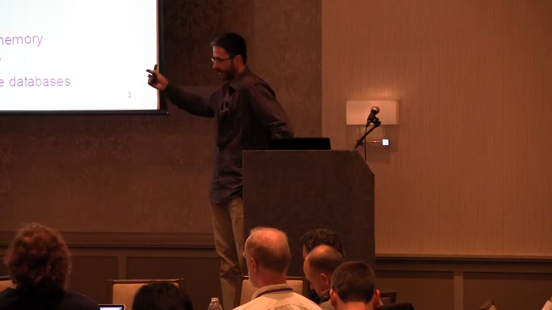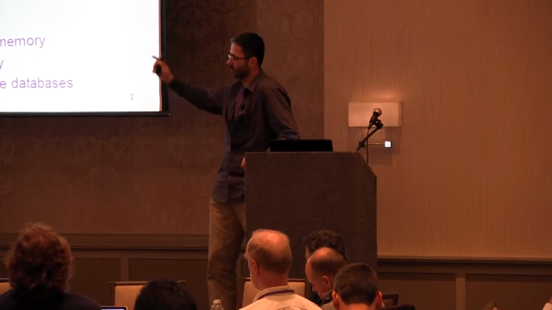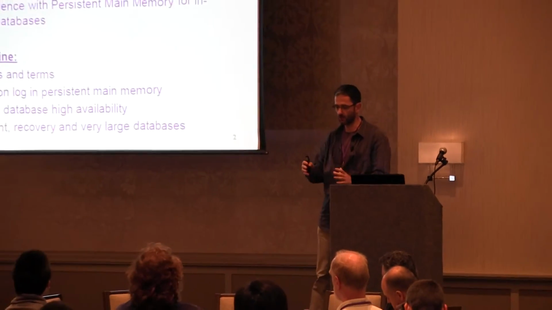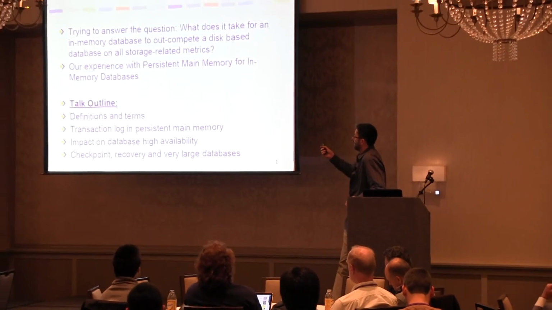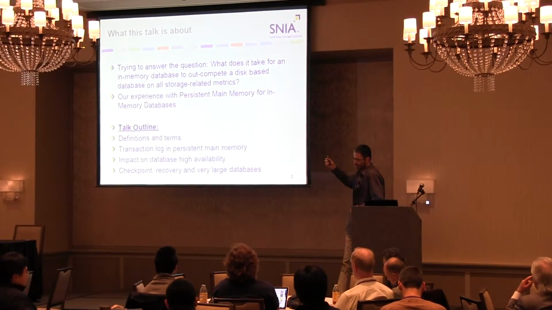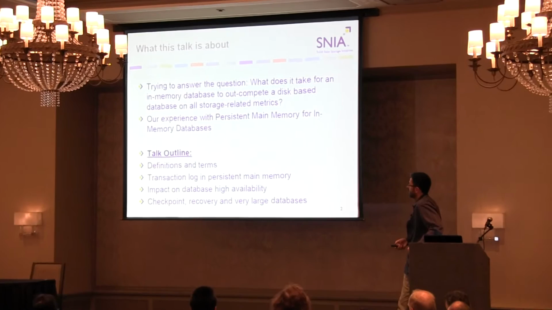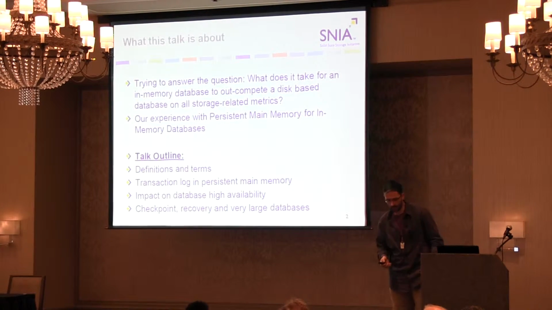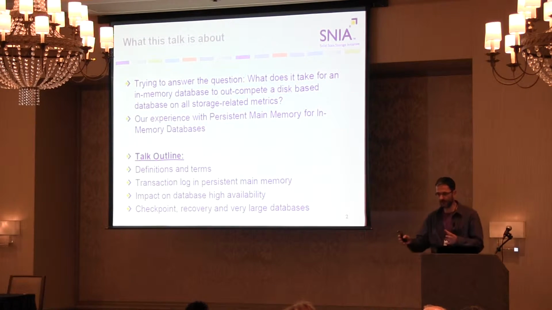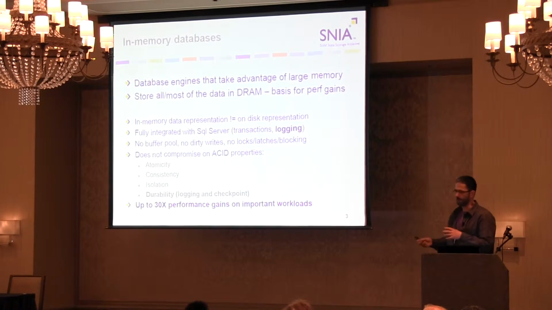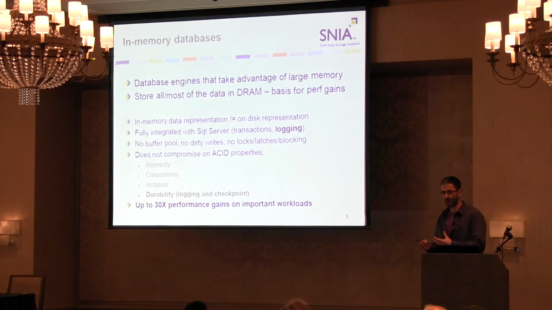So I'm really trying to answer that question. What does it take for an in-memory database to have a storage experience that outcompetes traditional databases? And we are an in-memory database, and as such, our performance is really good.